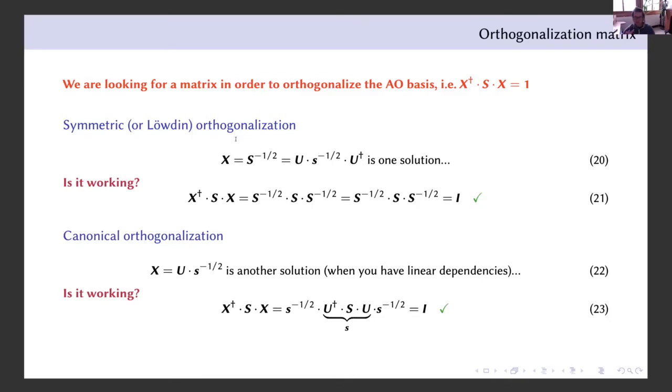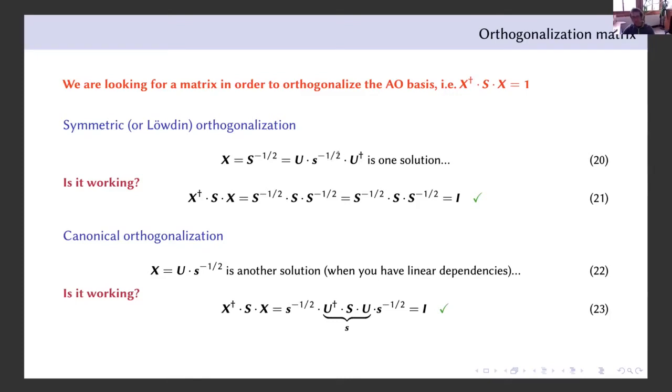So what you usually do, you diagonalize S. That's going to give you a matrix U, which is the matrix of the eigenvectors, and the matrix S, which is going to be a diagonal matrix with the eigenvalues on the diagonal, okay? When you have this diagonal matrix, you can take the inverse square root of those elements if they are not too small and if they are not negative, okay?